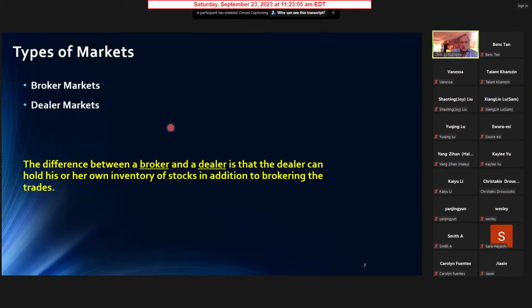They purely take the buyer and the seller, try to match their prices, and get a commission out of it. The dealer holds inventory, actual stock, on their own, and can sell from their own inventory, plus they can broker with third parties.